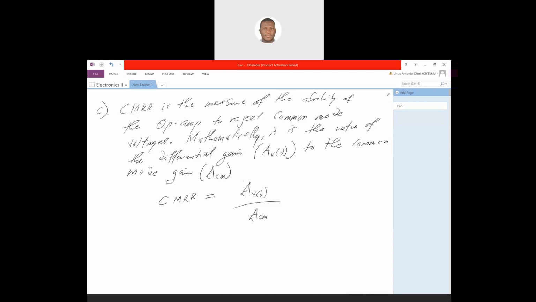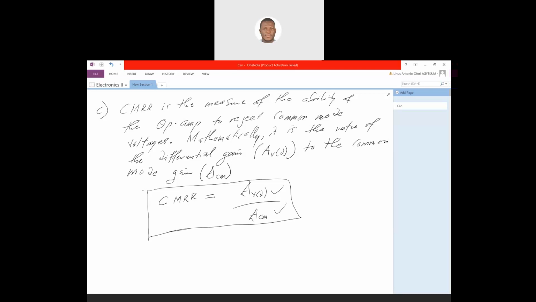That is the common mode gain. So in some books or in some places, you will see CMRR equal to AVD divided by ACM. Okay?